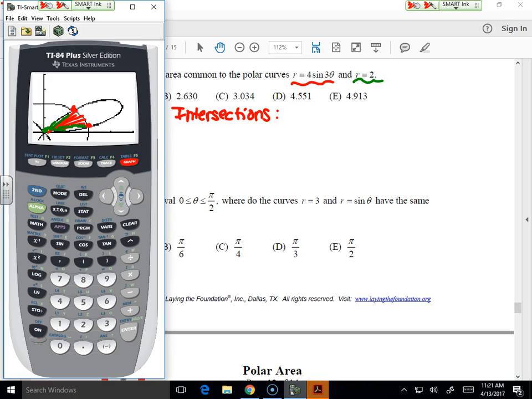Say it again, 0.1745, keep going, 329. And then the other intersection, 0.8726646.